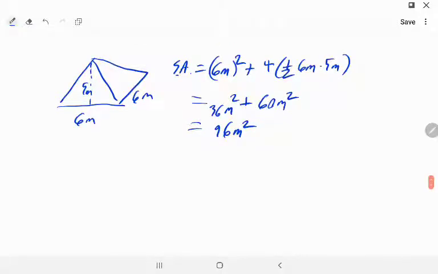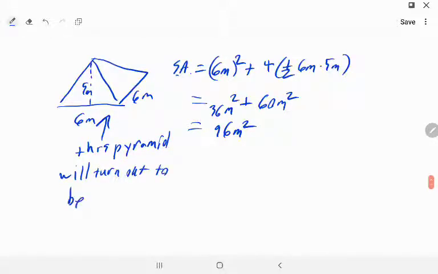So if this particular pyramid exists, a 6 meter by 6 meter square base with a slant height of 5 meters, it turns out this pyramid will be four meters tall.